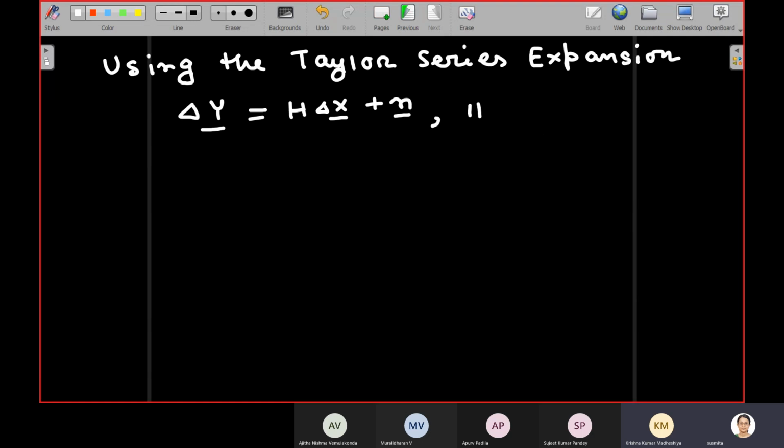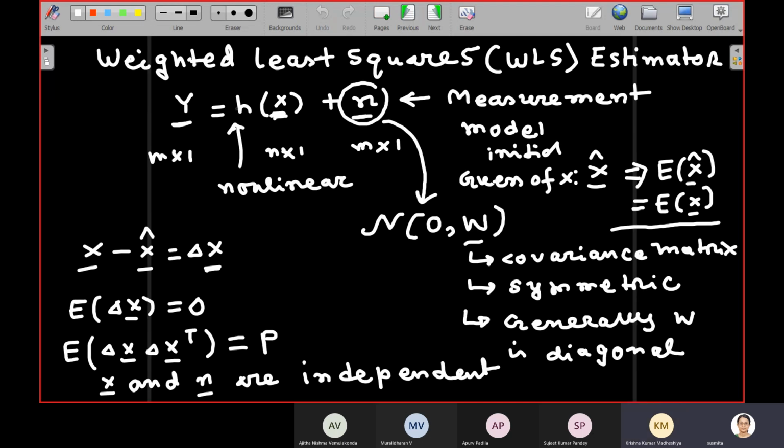What is capital H? Now we had a function h, right? And h is actually mapping this n cross 1 vector to m cross 1 vector, which means h is actually a set of functions. So we basically have m functions which take n arguments.